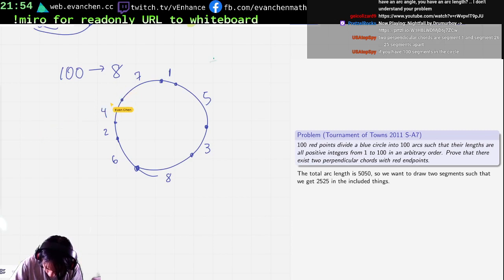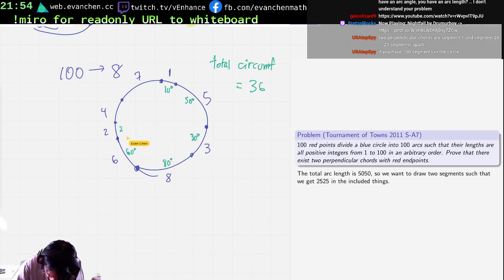The total circumference is... well, guys, what's 9 choose 2? 36? So this is 10 degrees, this is 50 degrees, 30 degrees, 8 degrees. Like that. And let me find an example of perpendicular chords.